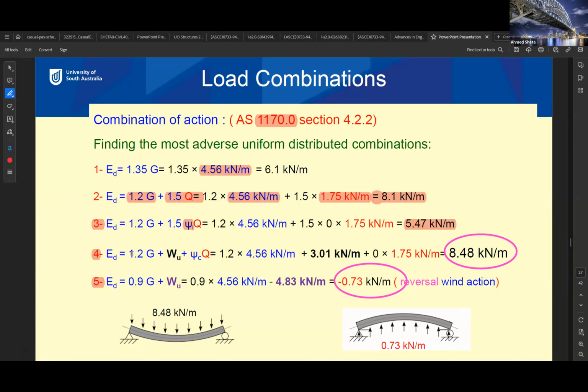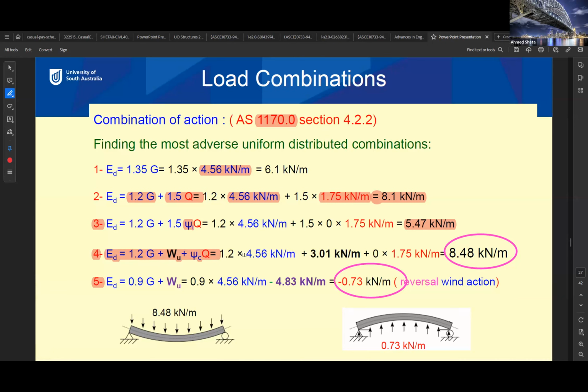Number 4 is 1.2 G plus W ultimate plus psi C Q. Here, this one is for wind inward. So which value will we take, positive or negative? The positive one. So this formula, number 4, all the time will give us a positive value because all the loads are positive.